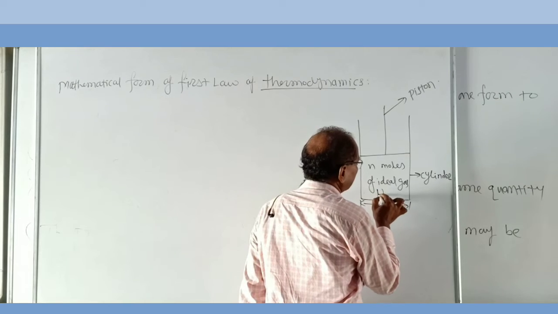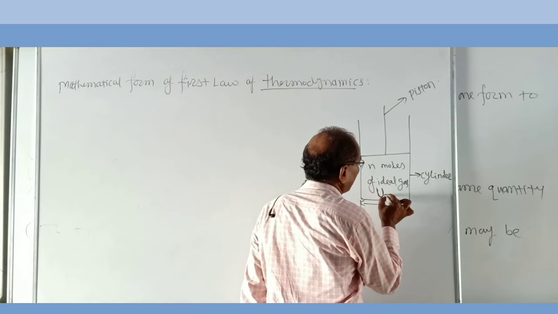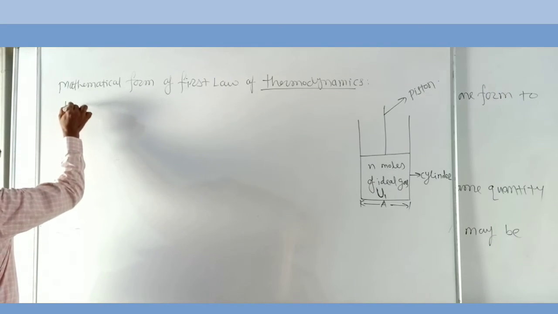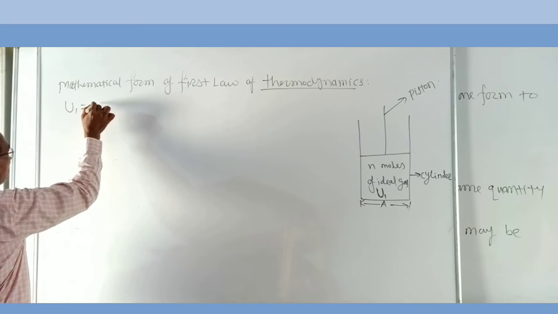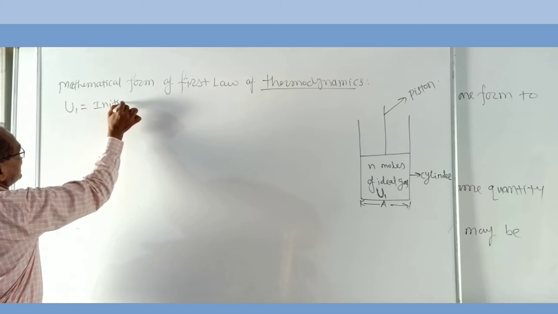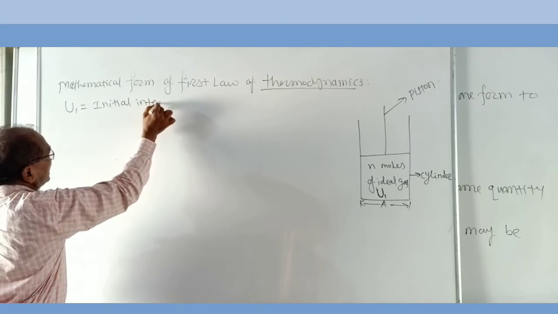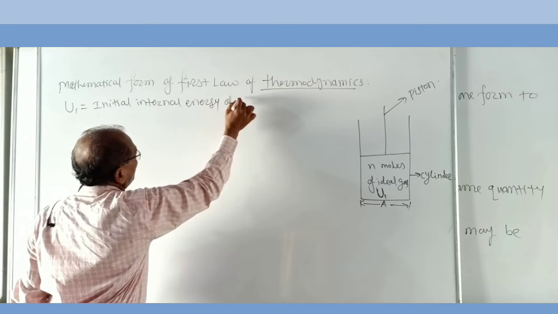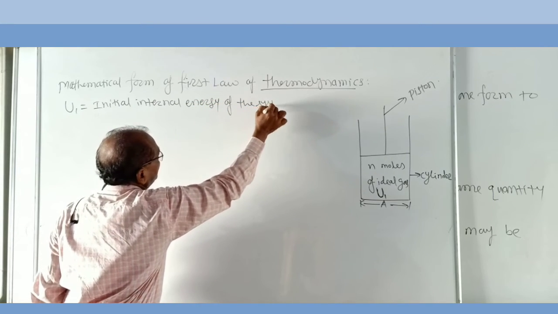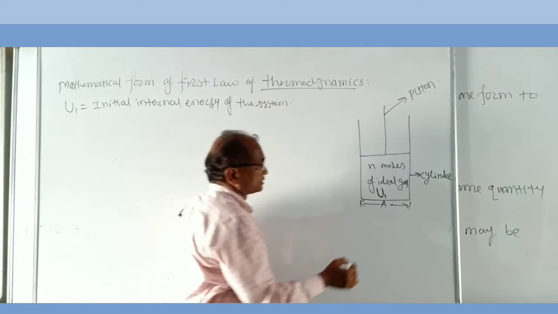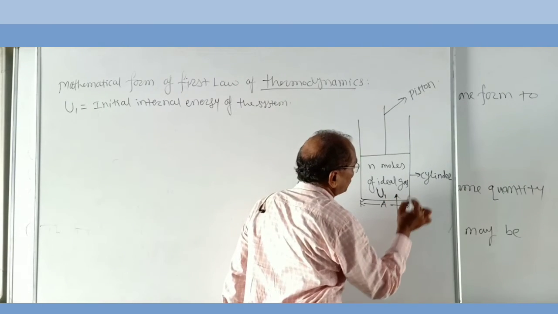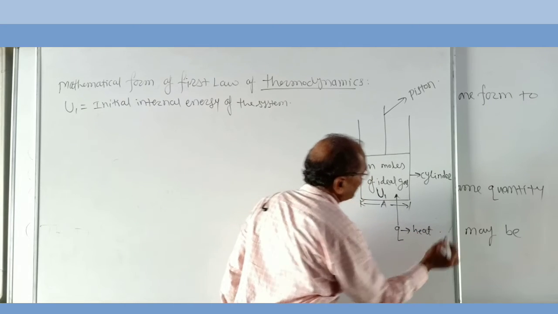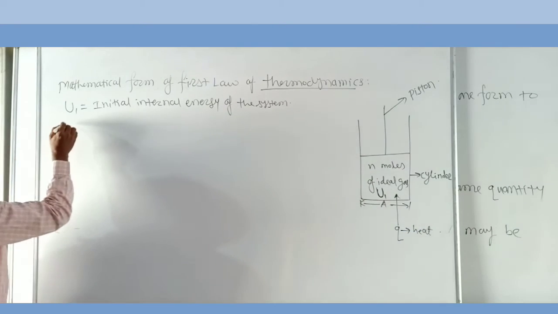U1 is the internal energy of the system. Here U1 is the initial internal energy of the system. Then Q amount of heat is supplied to the system.